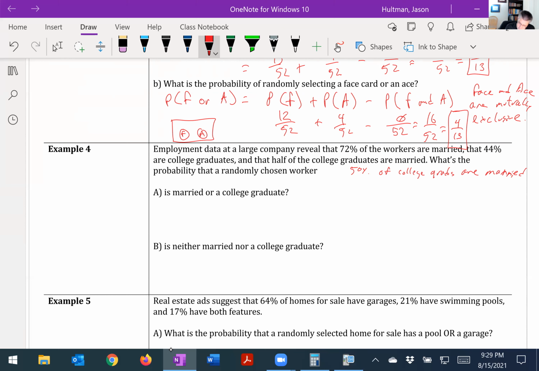Okay, so let's look at the Venn diagram real quick. Otherwise, it's going to get kind of confusing. The probability that you are married is 72%, 0.72. The probability that you are a college graduate is 0.44.